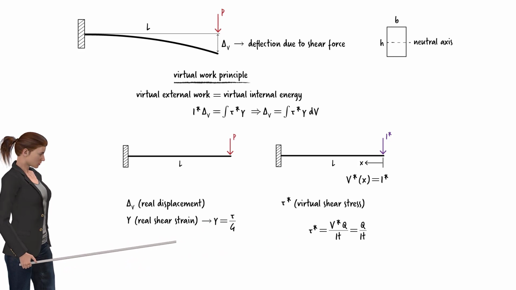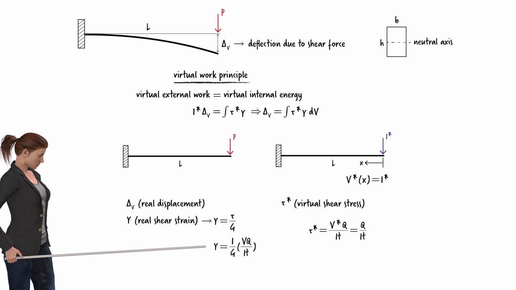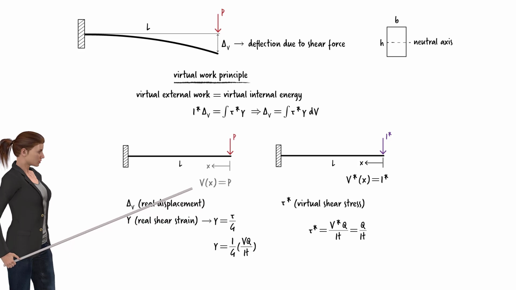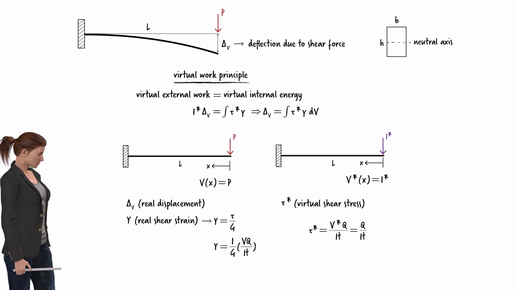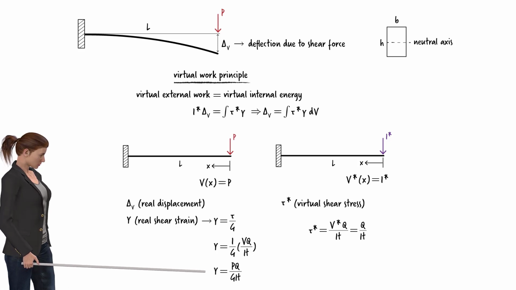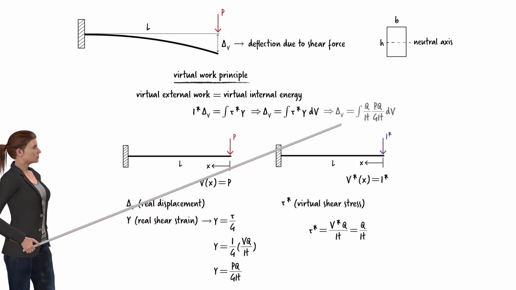Replacing tau with VQ over It, we get the shear strain for the beam under the applied load. If we replace V with P in the equation for gamma, we get this. Therefore, the expression for delta V becomes this.